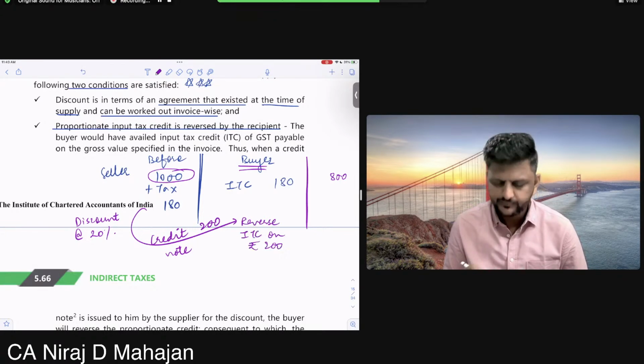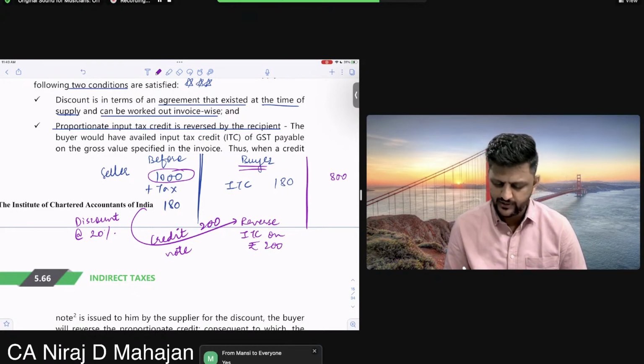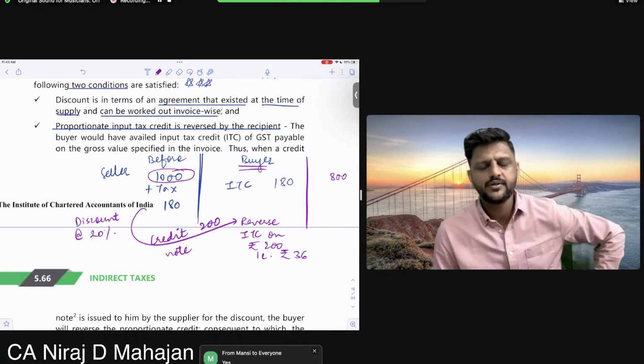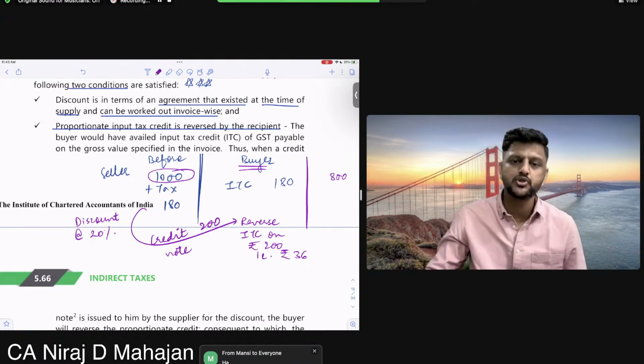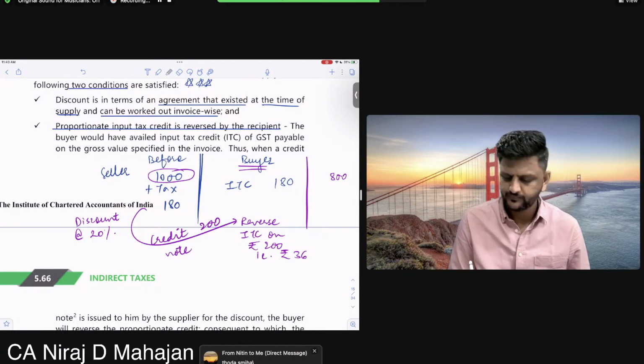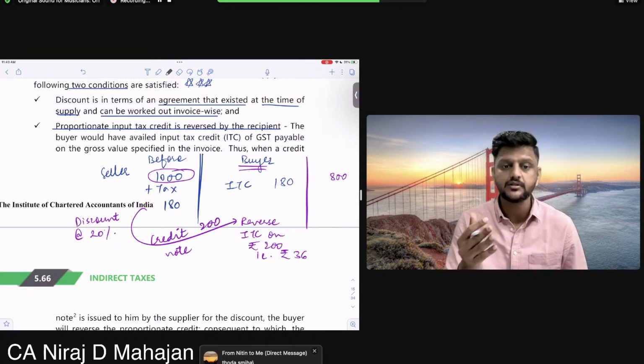Yes or no? All of you okay till here? That is rupees 36, correct? If I have taken 18%. Clear till here, all of you? How much ITC had I initially claimed? 180. Out of that, I'll reverse 36 rupees. I mean the buyer.